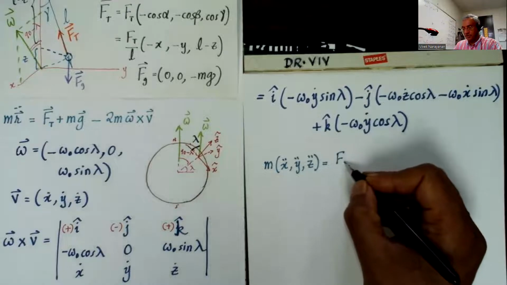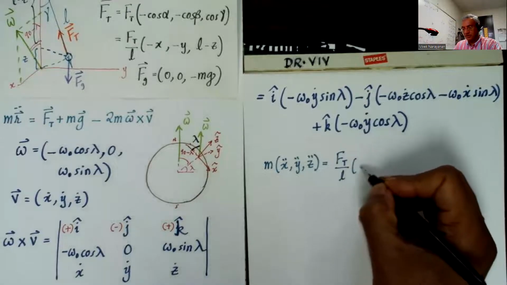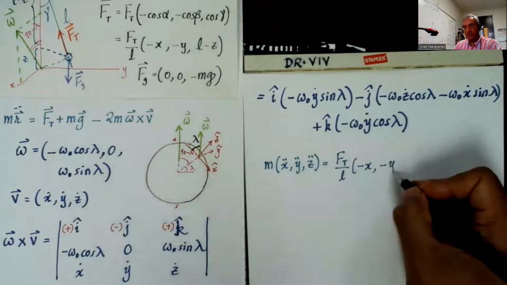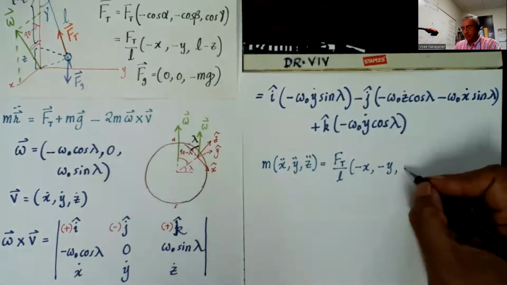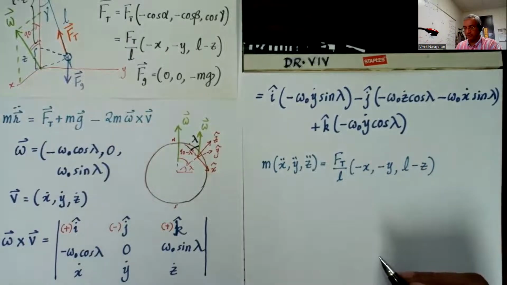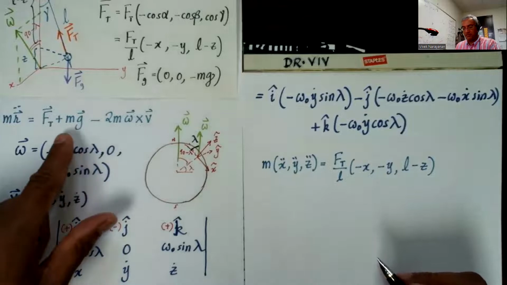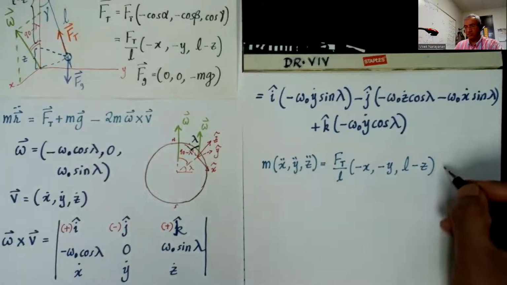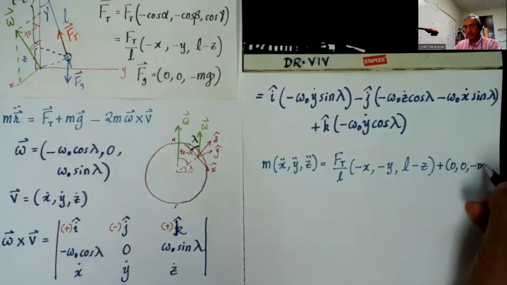That's Ft over L, negative x, negative y. It might be useful to see the equations in their full glory before making any further assumptions. And then plus mg, so that's plus 0, 0, negative mg.